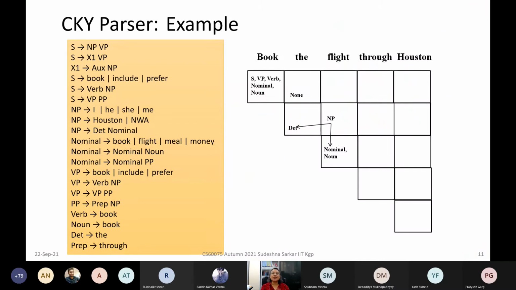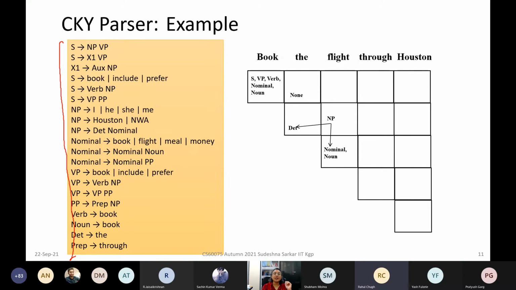Now, let us take this concrete example for this sentence, book the flight through Houston, and let us consider this grammar. This is the similar grammar that we looked at in the last class, but we have rewritten the grammar so that on the right-hand side, we do not have more than 2 symbols. This method will only work if there are only 2 symbols in the production.